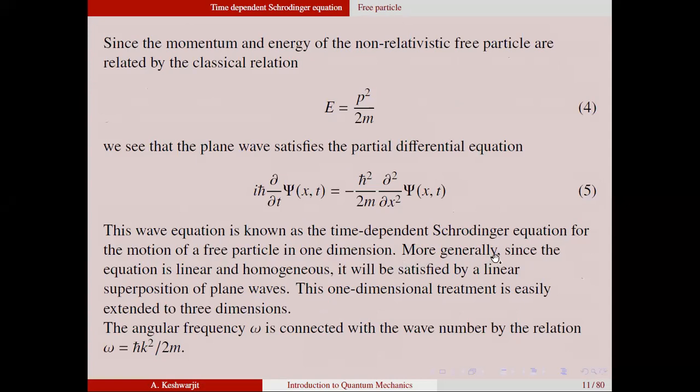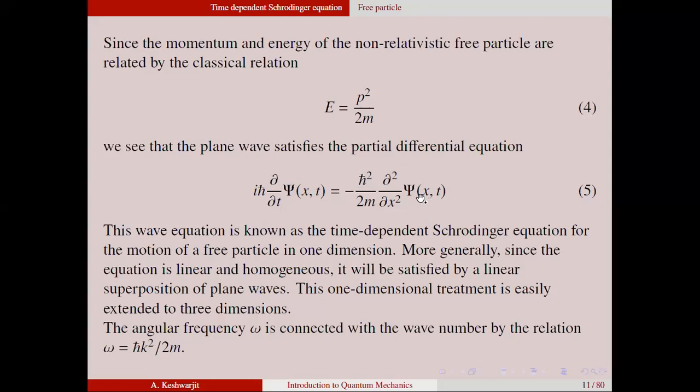More generally, since the equation is linear, it means each term is a linear function of psi. This equation has only two terms, one on the left and one on the right. Here it is the first derivative of psi, so it is a linear function of psi.